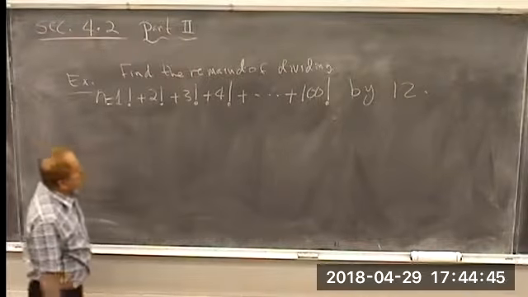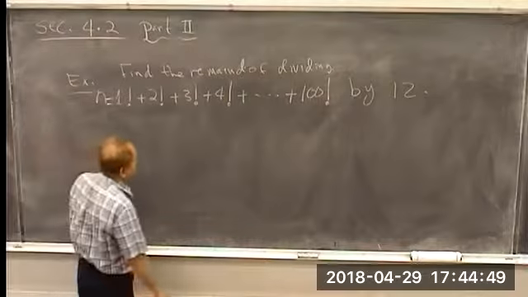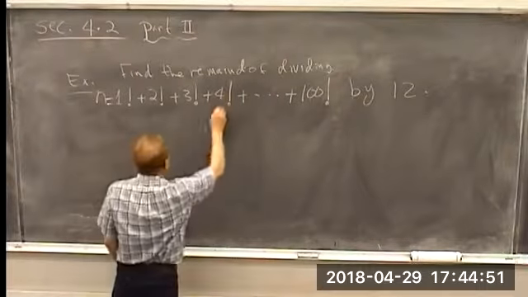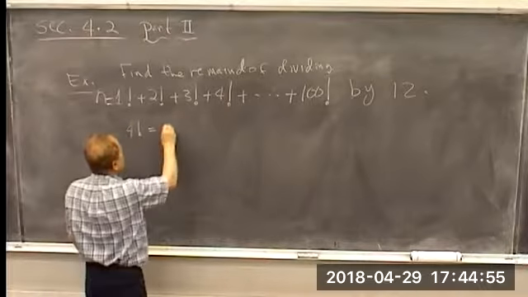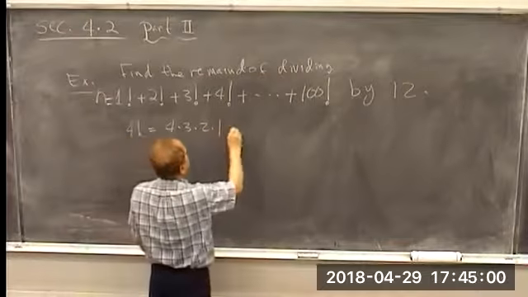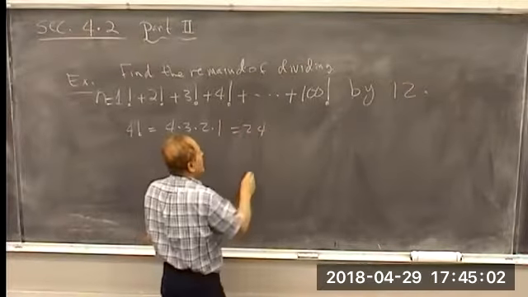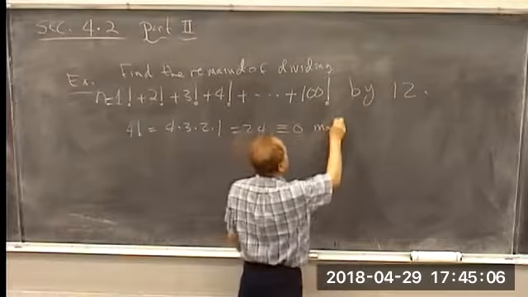Now we use a different technique here. We know that 4 factorial, which is equal to 4 times 3 times 2 times 1, is 24. And this is congruent to 0 mod 12.